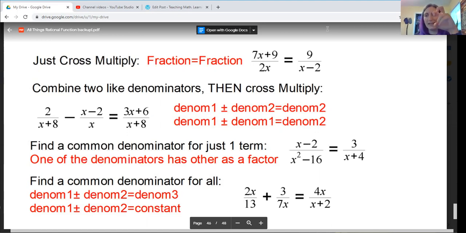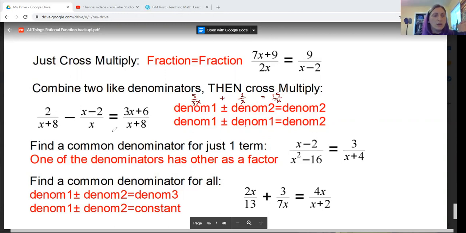Let's say we had, with regular fractions, like 5 over 3x plus 2 over x equals 15 over x. See what I'm saying? This is denominator type 1, denominator type 2, denominator type 2. You could subtract this from that side and combine these first and then cross multiply. Same thing here. That's all I'm trying to say with this very strange and misleading slide that I need to fix.